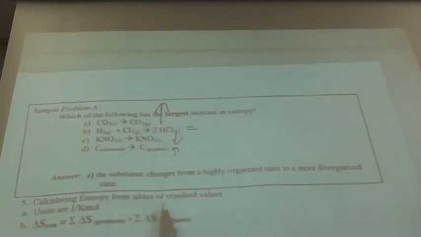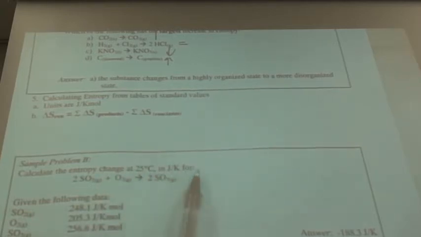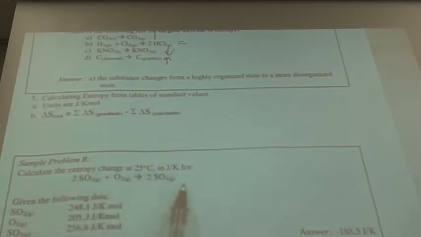So you're going to pay attention to that. To calculate entropy change from the standard tables, you're going to do the products minus the reactants, and we're going to do one right here. Calculate the entropy change at 25 degrees C in joules per Kelvin for this reaction.